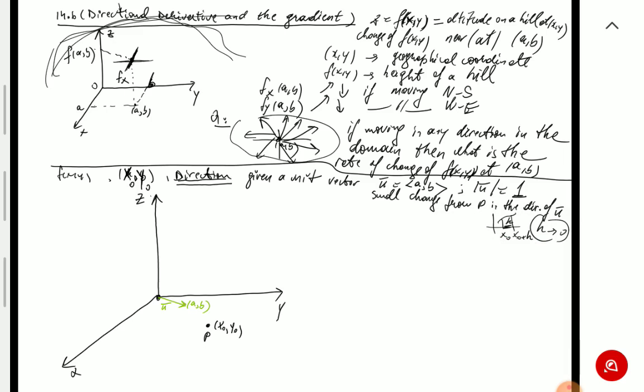So from P, I'm going to draw a parallel line, again exaggerated, to another point Q. We're going to see the components of Q in a moment, in such a way that the length of this segment, if I measure it, is h. The magnitude of that segment PQ is h.